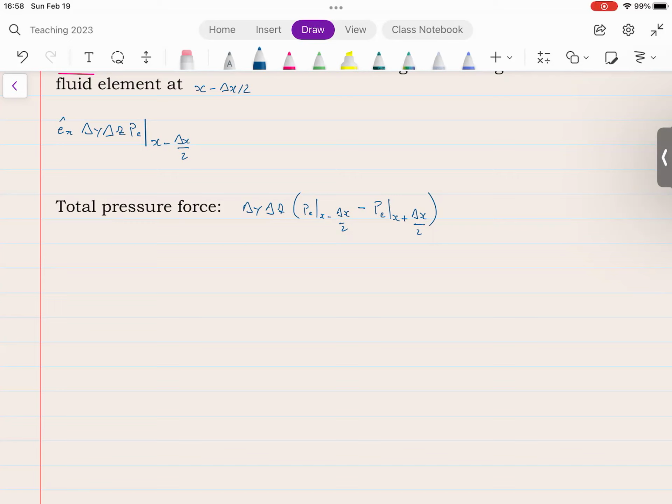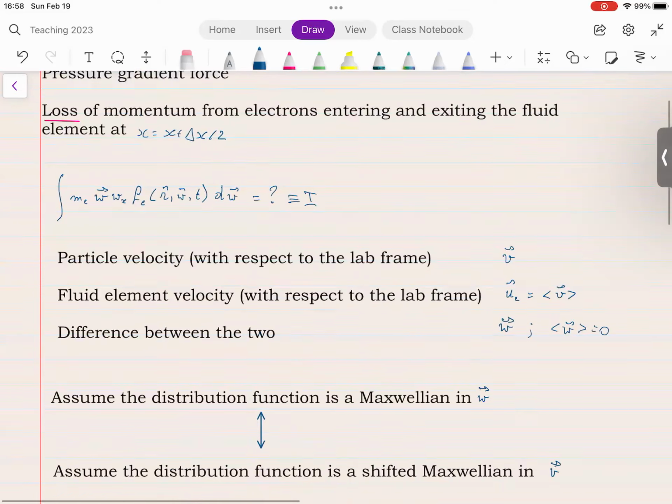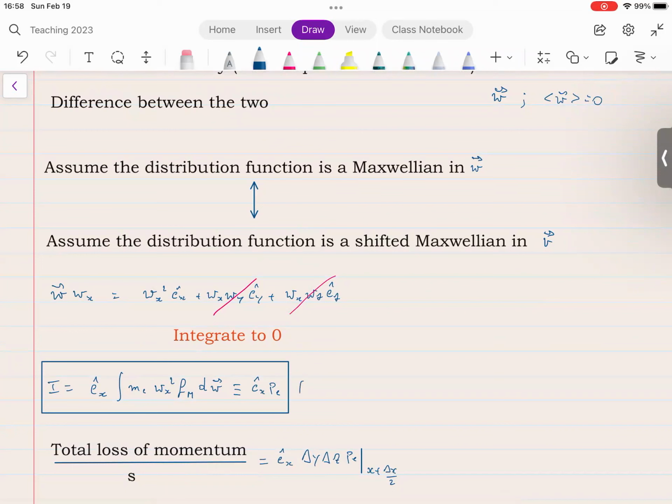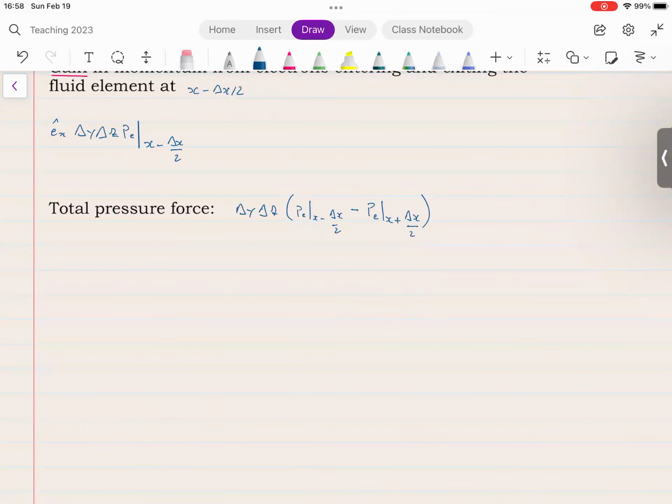That is, electron pressure at x plus delta x over 2 times delta y times delta z is a positive quantity. Therefore, when we go and enter it into our equations, we have to remember that we're calculating a loss. We know that that is a loss term, and therefore take the magnitude and stick a minus sign in front of it.